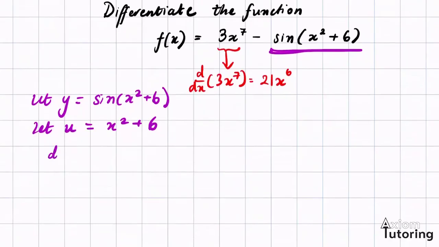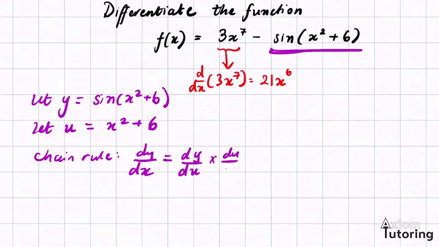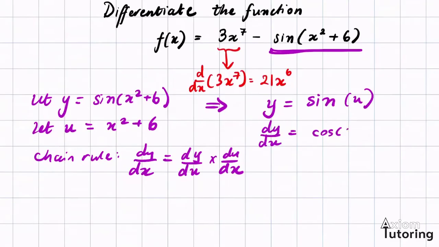Let's recall the chain rule quickly. So our chain rule is dy over dx equals dy over du times du over dx. If u is x squared plus 6, we can rewrite y as sine of u, similar to the example before. And so when we differentiate with respect to u, we just get cos of u.